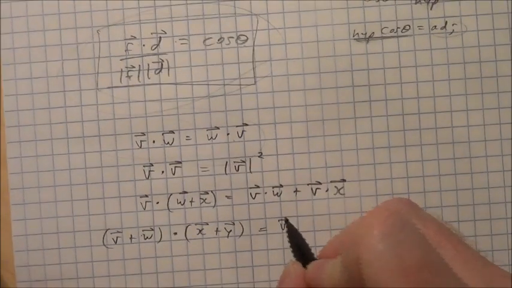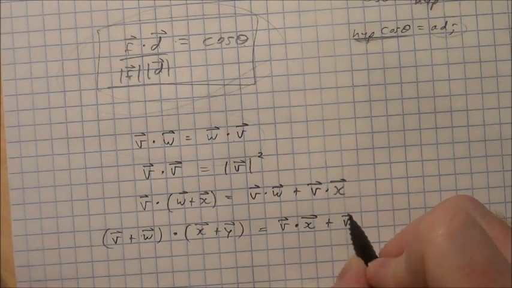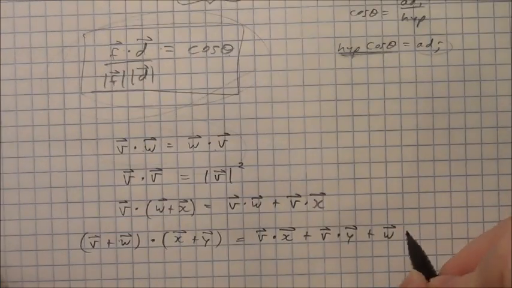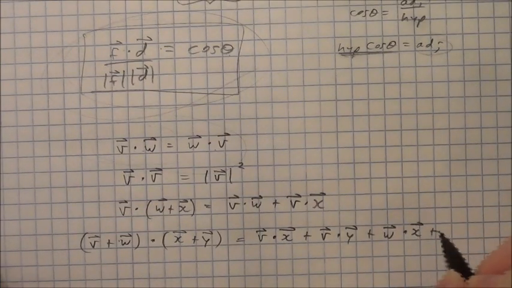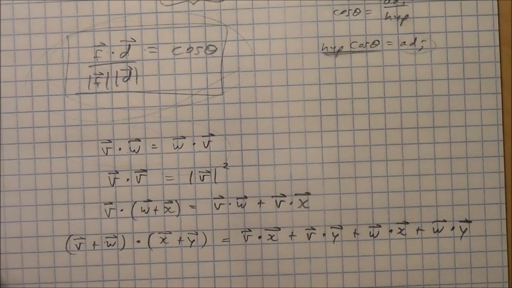So it would be vector v dot vector x plus vector v dot vector y plus vector w dot vector x plus vector w dot vector y. It's important also in the notation that you need to include the dot as opposed to just writing the values side by side like we might in algebra.